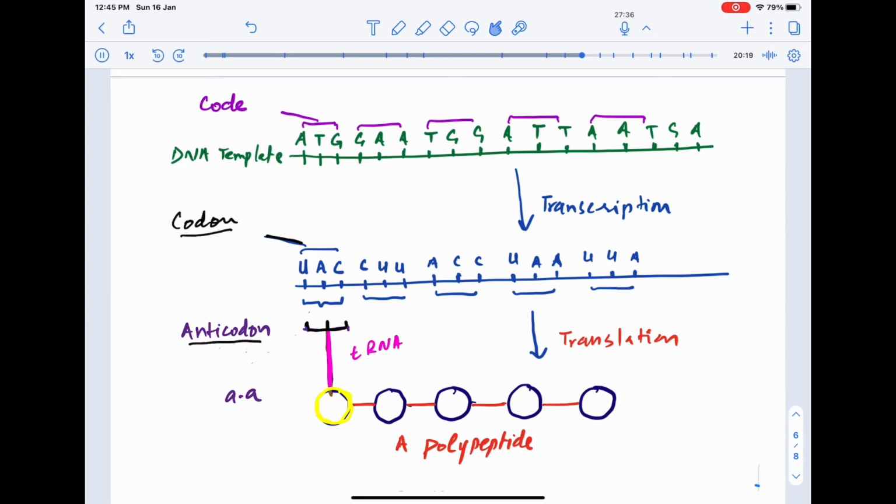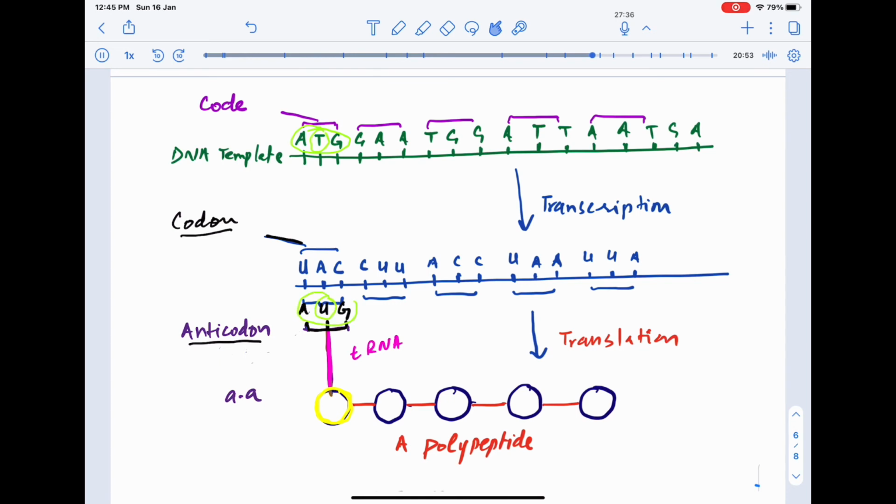So if a codon on mRNA is UAC, the anticodon will be AUG. This anticodon will be the same as the code on a DNA template, except that a DNA code will have thymine instead of uracil here.